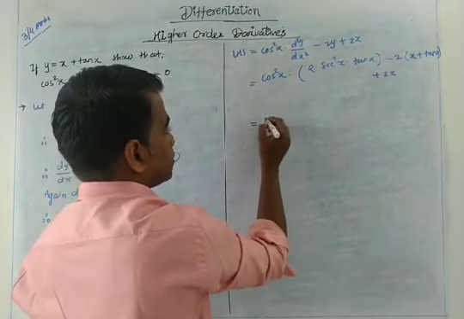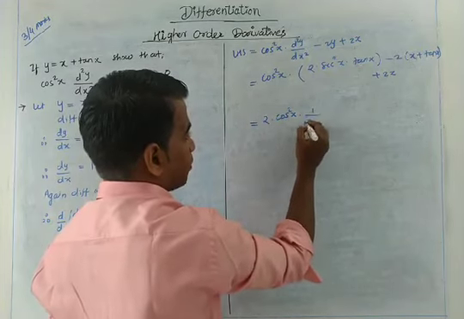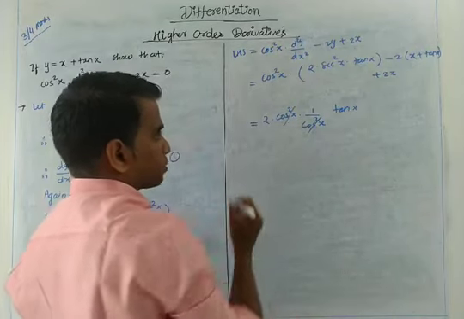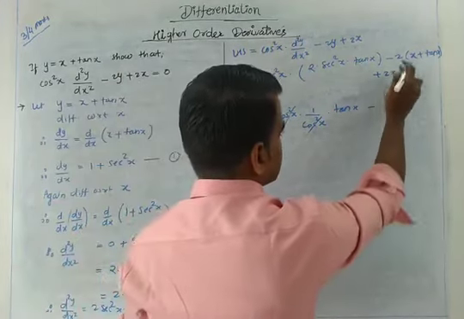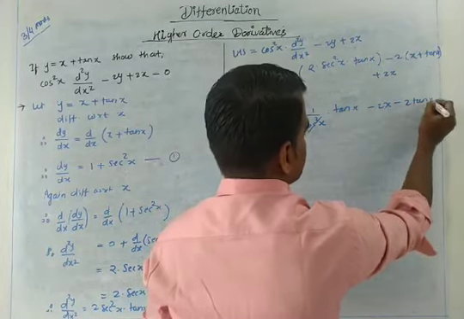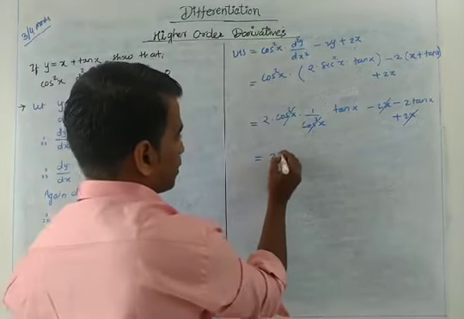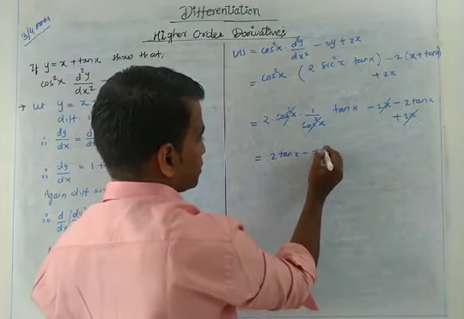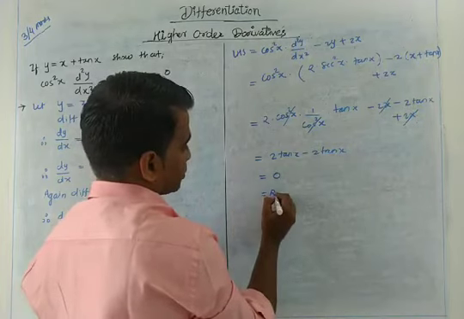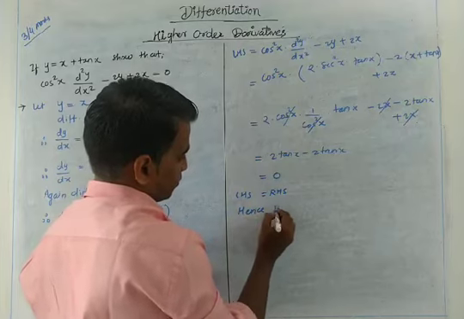Now 2 into cos square x, sec square x can be written as 1 upon cos square x into tan x. So this cos square x gets cancelled. Minus 2x minus 2 tan x plus 2x. So 2x and minus 2x get cancelled, and 2 tan x minus 2 tan x is equal to 0, which is equal to RHS. Hence true.